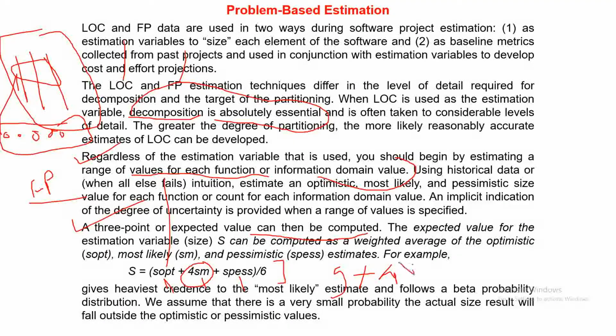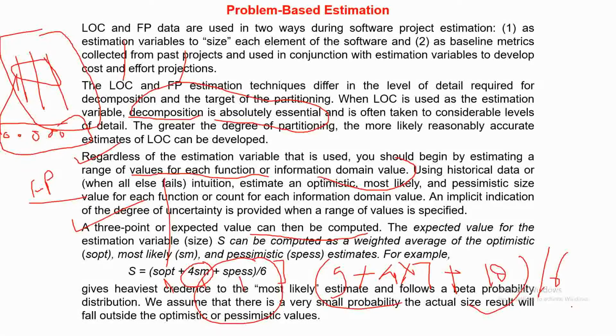So 4 multiplied by 7, plus pessimistic, which means during the worst case scenario I will be getting 10, and then you divide it by 6. This is the formula which has been given to consider your worst case, best case and most likely scenarios, and you derive an expected value for that factor which is under consideration.